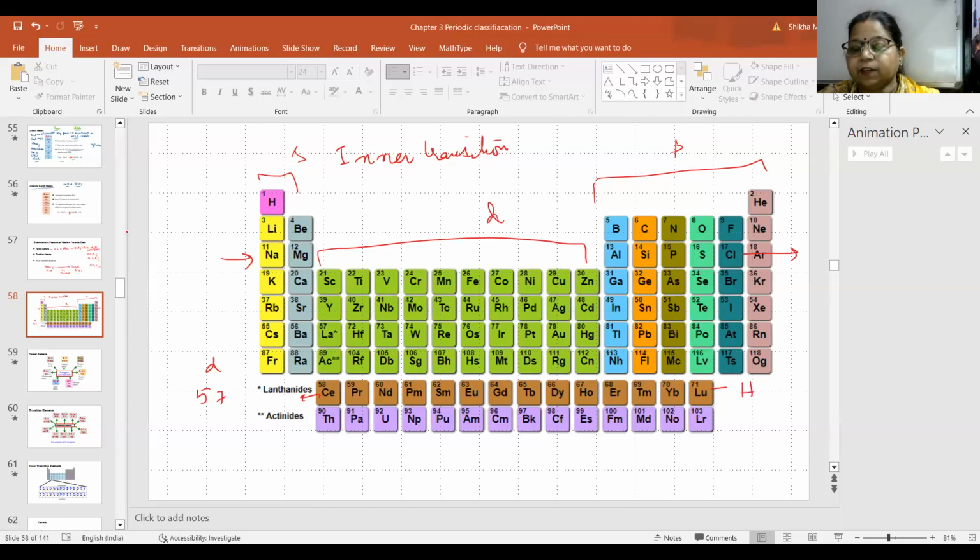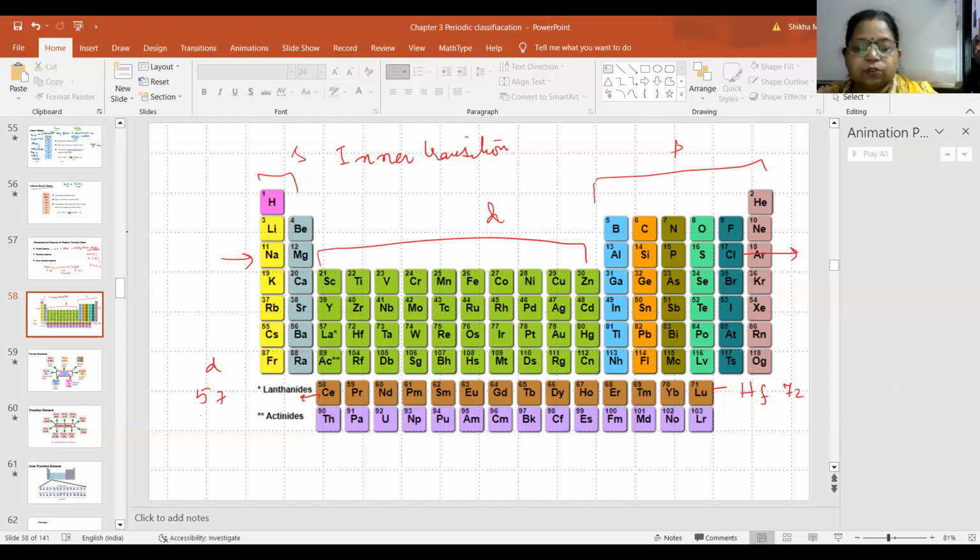We have hafnium, atomic number 72. So they are in between transition elements. One end is a transition element, and the other end is also a transition element. So whatever is in between them is called inner transition elements or inner transition metals.